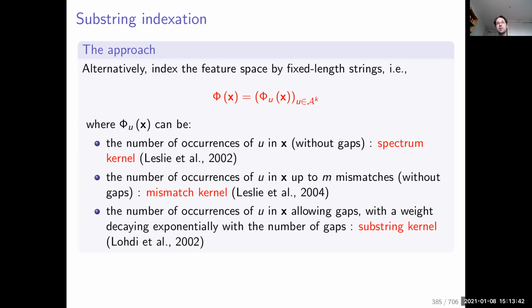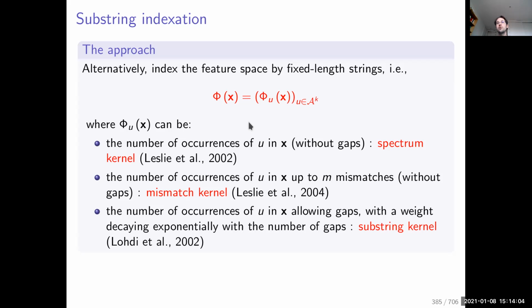But for many types of data, it's actually very useful to relax this definition and to count that a pattern U appears in X if we can see U in X up to some mismatch.